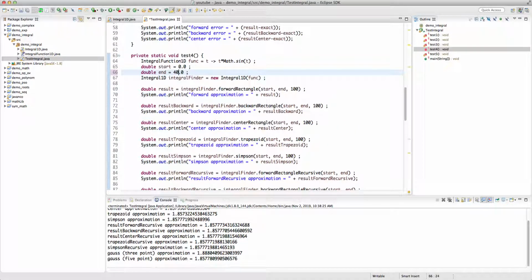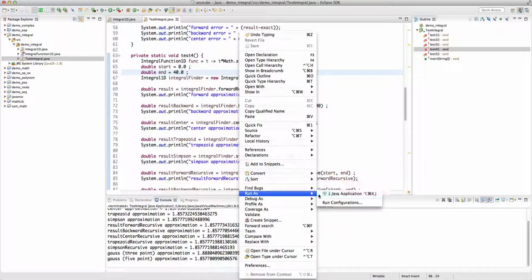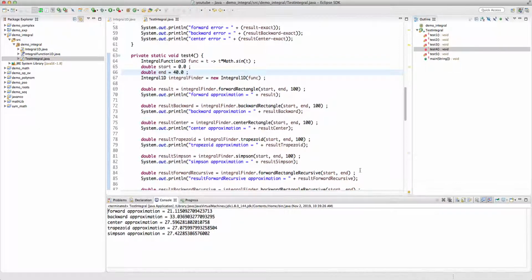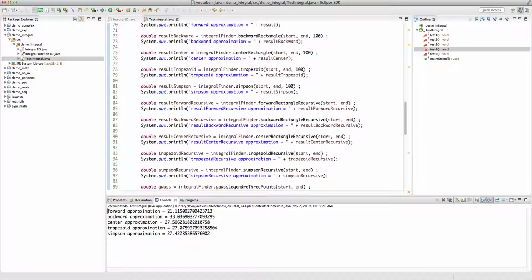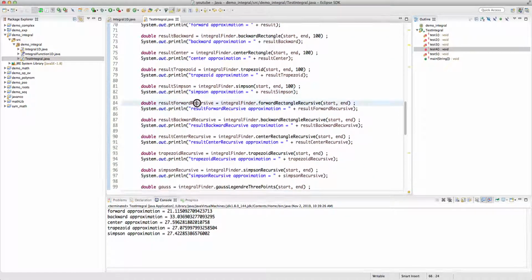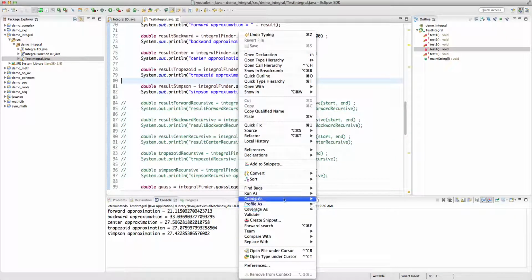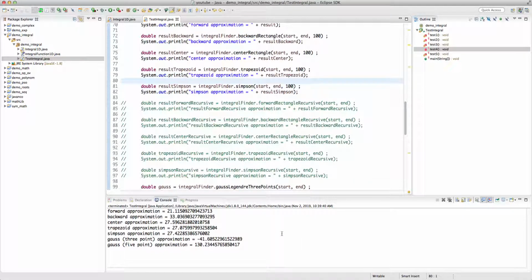So if I put 40 here, for example, let's also comment out the recursions. Again, I don't recommend recursive approach for integration because there is really no point to that.